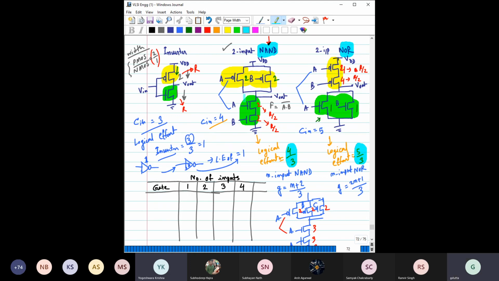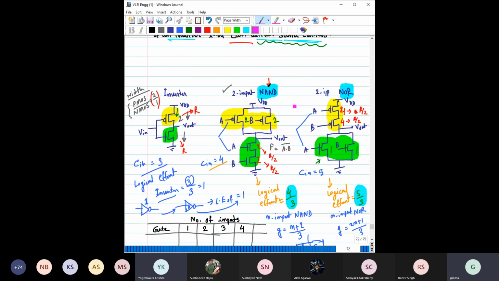So from this discussion itself, you can get some idea why we should prefer NAND implementation over NOR implementation, because the logical effort G of NAND is less than G of NOR for the same input count. So NAND is a better choice from a delay point of view.